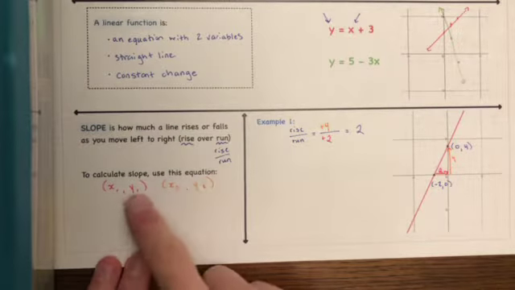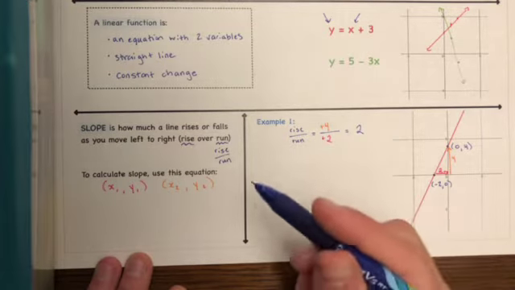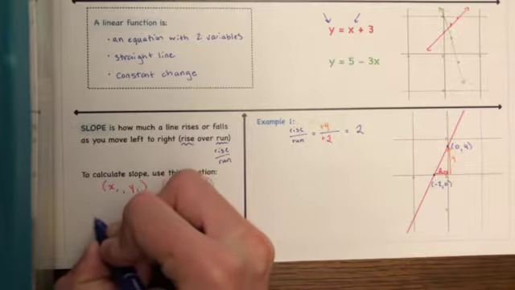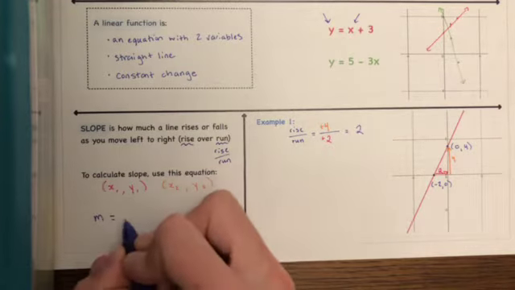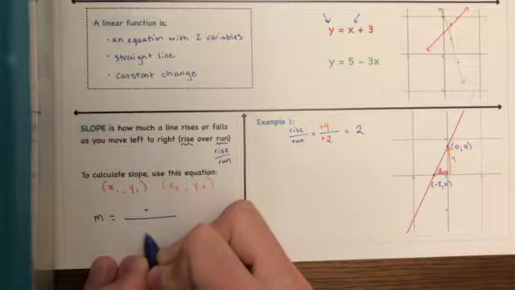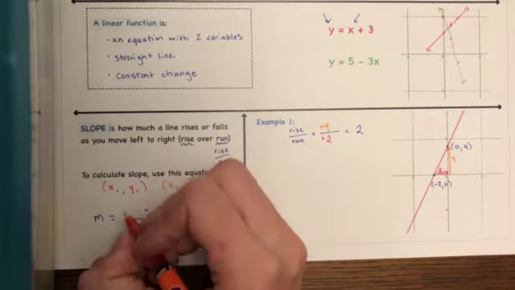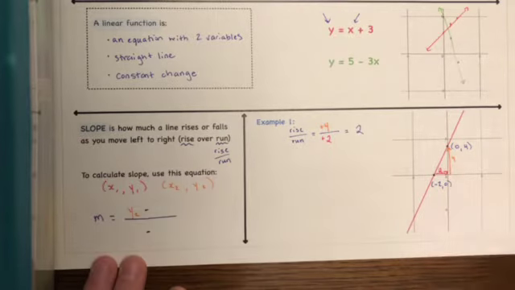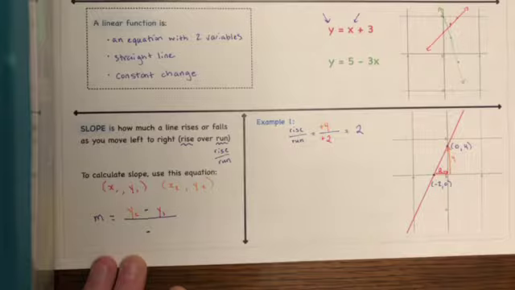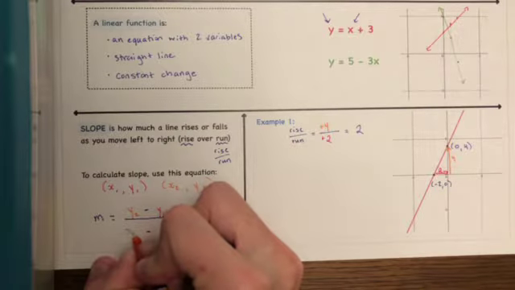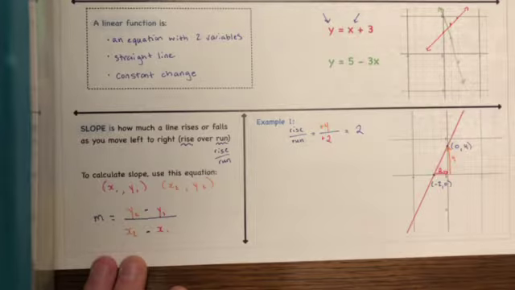The equation for slope is then m, which is always what we call slope, equal to 2 differences. The first difference is y2 minus y1, and the second difference is x2 minus x1.